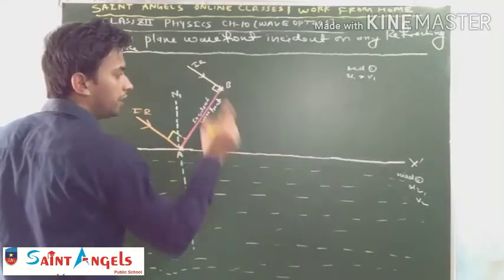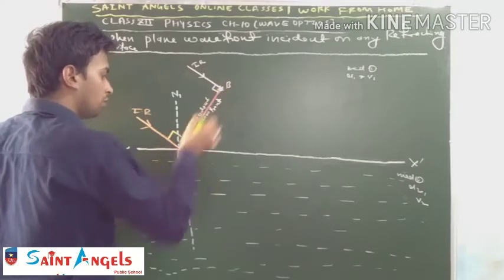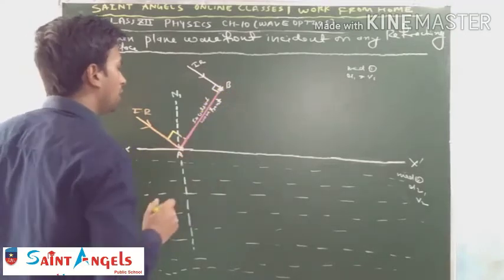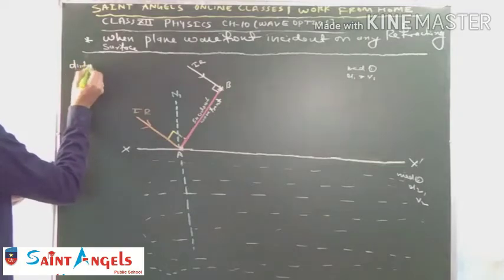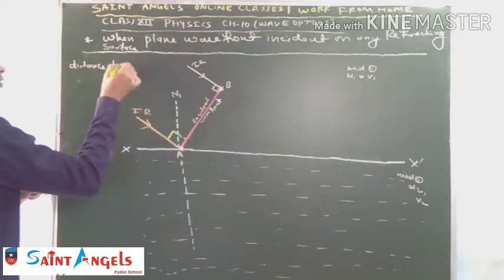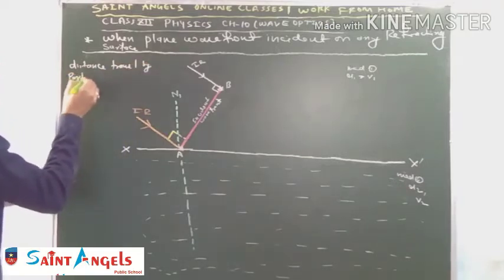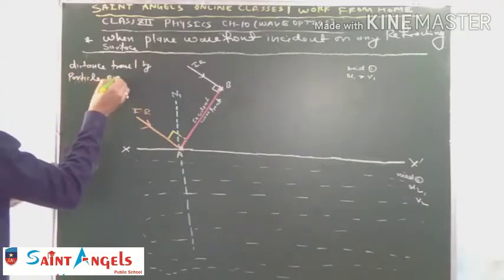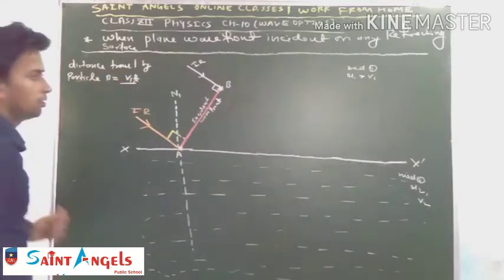So after time t, the distance traveled by particle B, which is on the wavefront AB, is v1 into t.